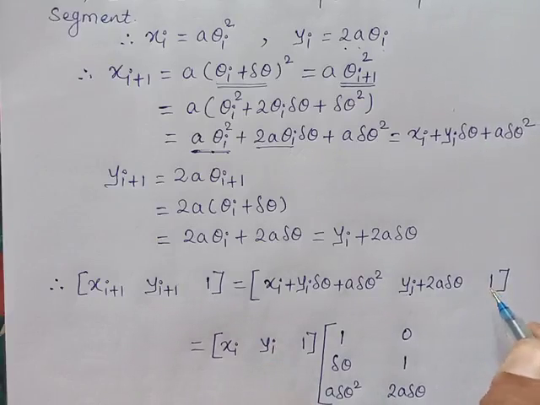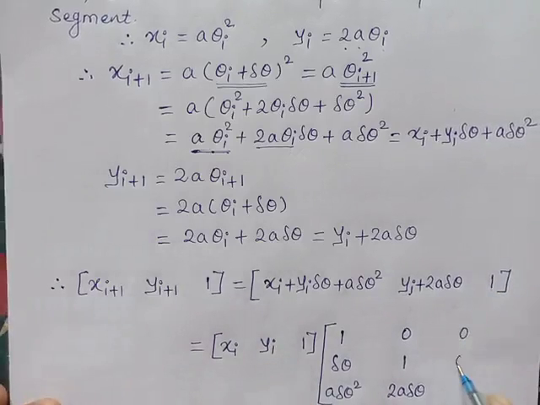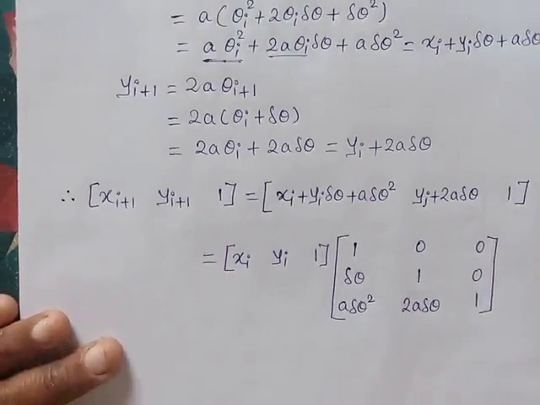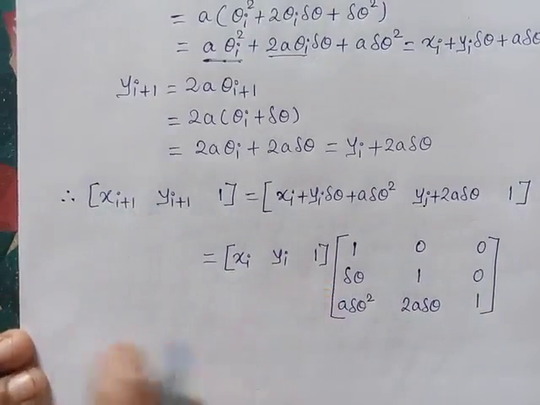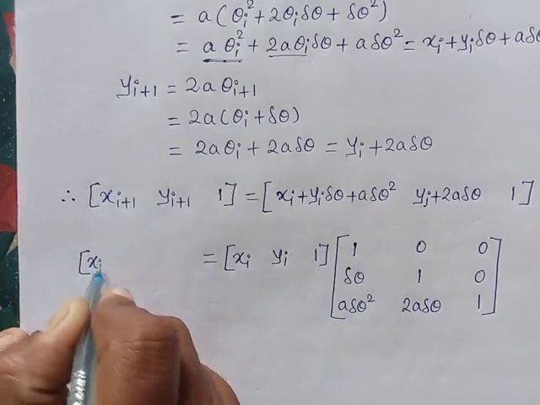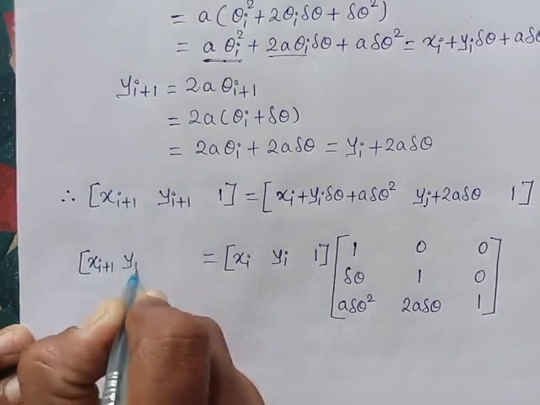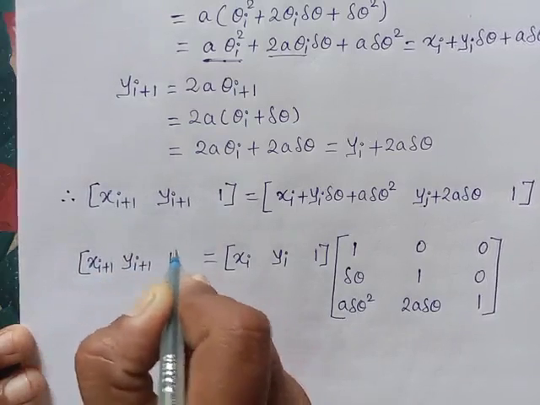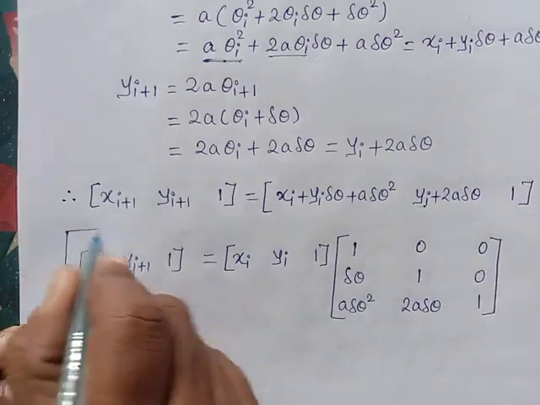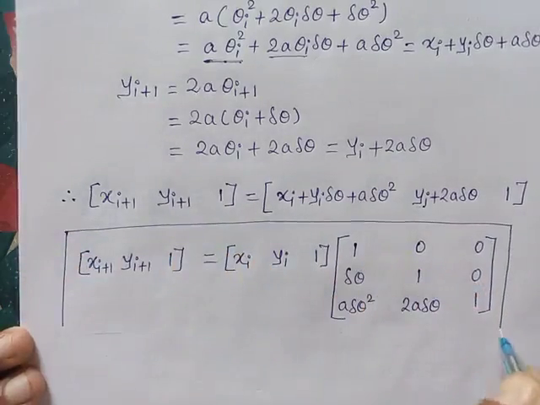Here simply a constant term, so 0, 0 and 1. This is the formula we will get. Here this is our xi plus 1, yi plus 1 and 1. This will be an iterative formula to determine points on a parabola.